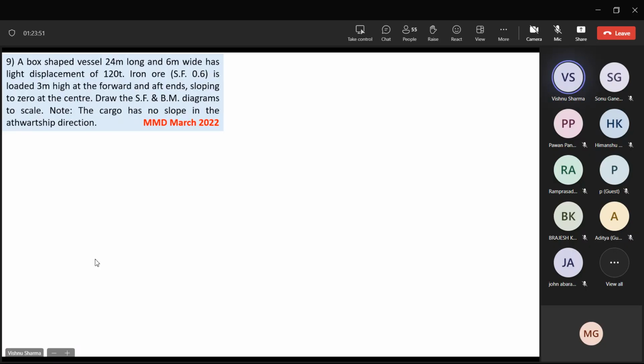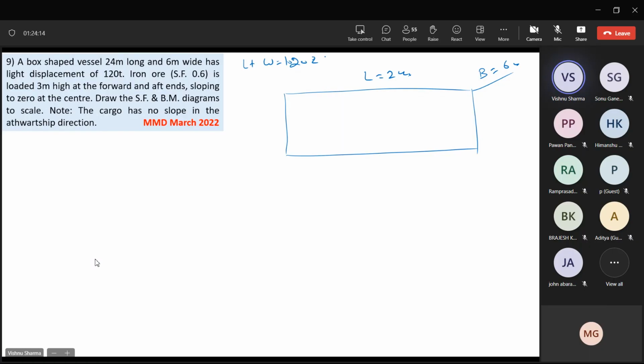Okay, now we come to this one. A box-shaped vessel, 24-meter long and 6-meter wide, has a light displacement of 120 tons.